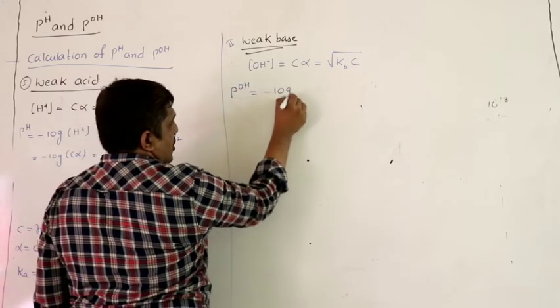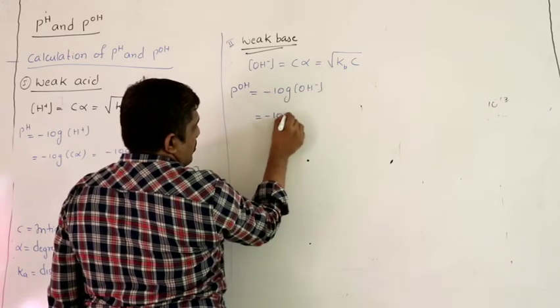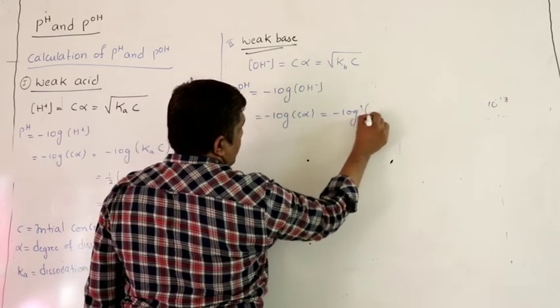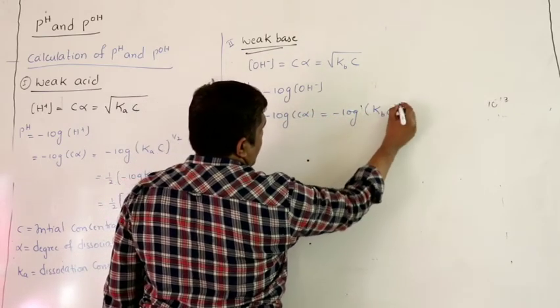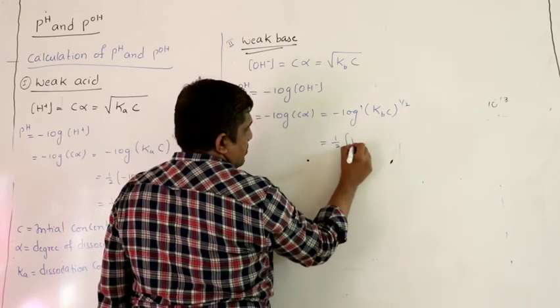So, pOH is minus log of OH minus ion concentration, which is equal to minus log of C alpha, or minus log of Kb C whole power half. Upon simplification, what you will get?